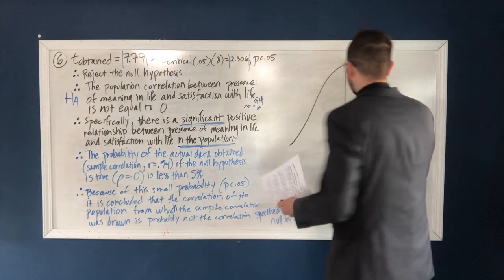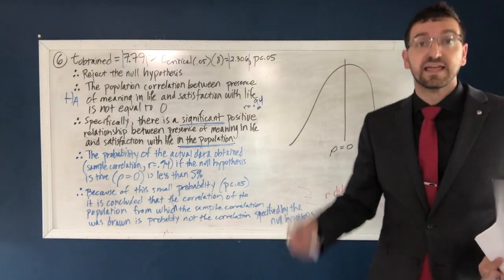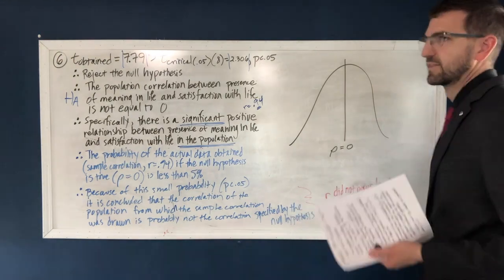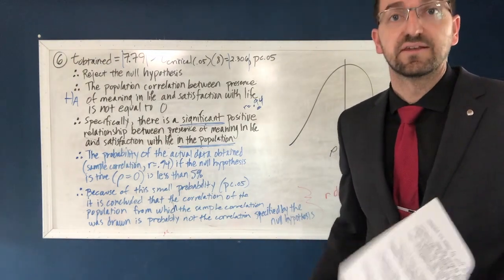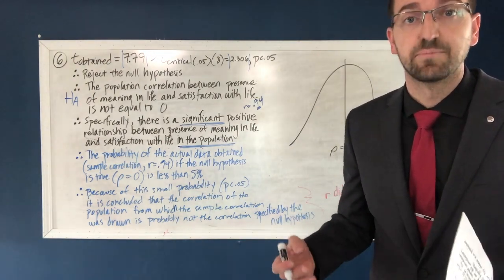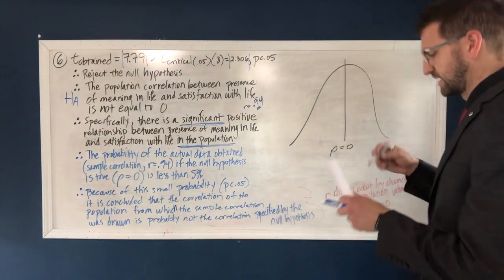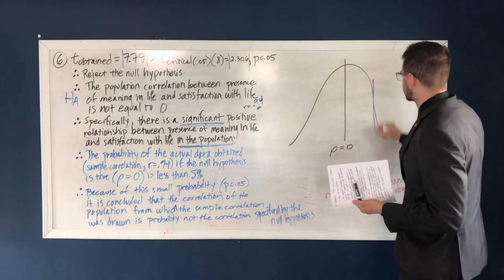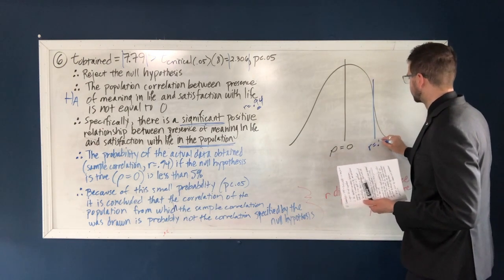So hypothetically, if rho equals 0, meaning the relationship between these two variables in the population is 0, then the question is, what's the probability of getting the correlation, meaning the sample correlation that we got? Okay, so let's draw that up there. So we got a sample correlation that was a lot different from 0, right?